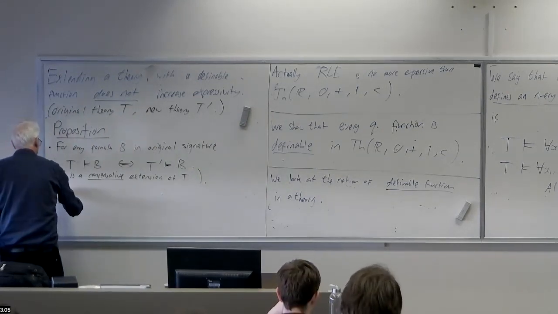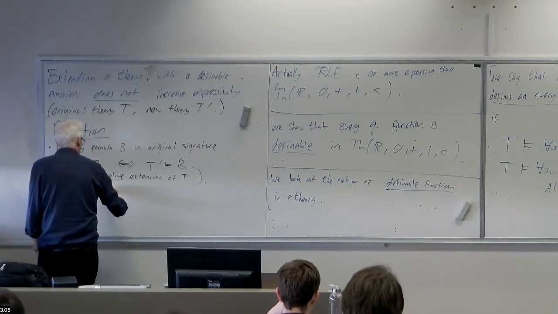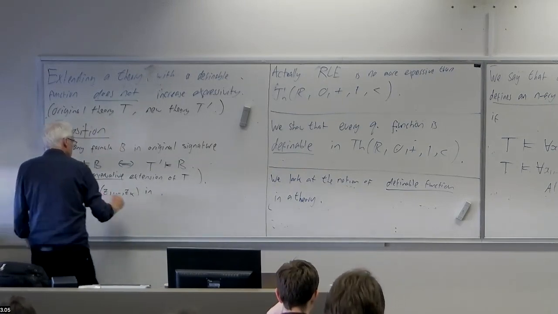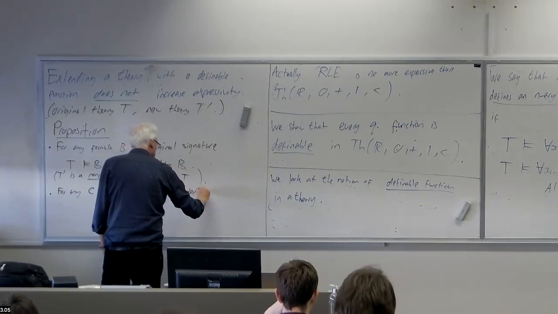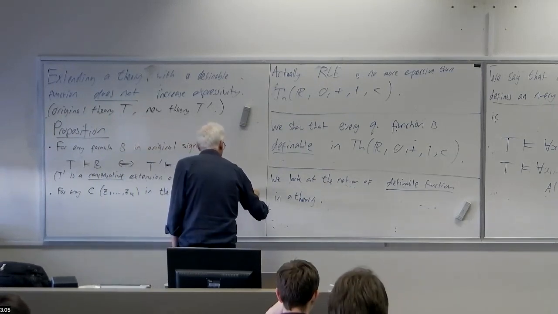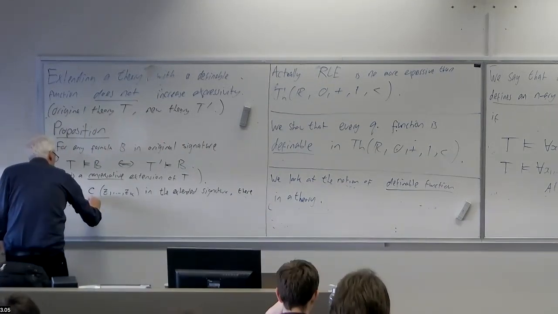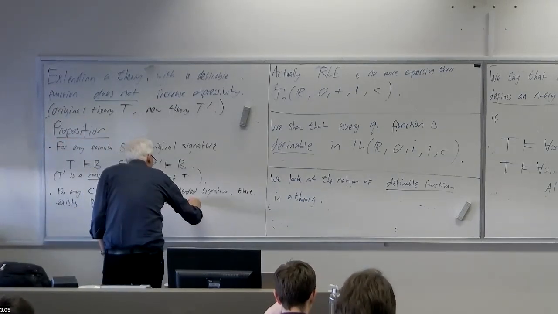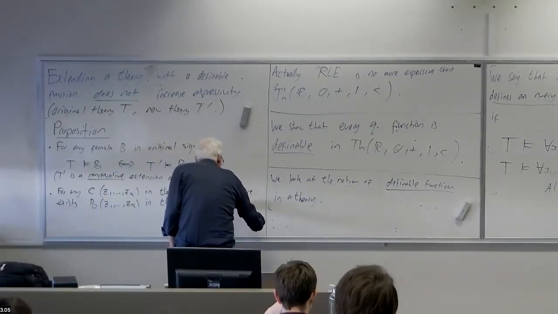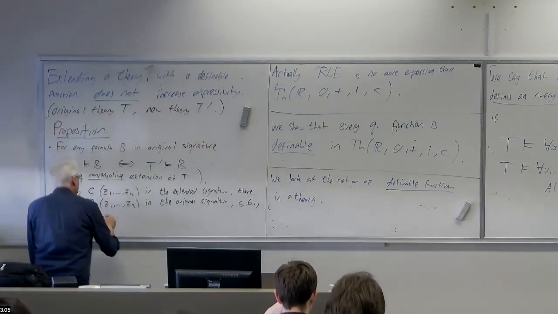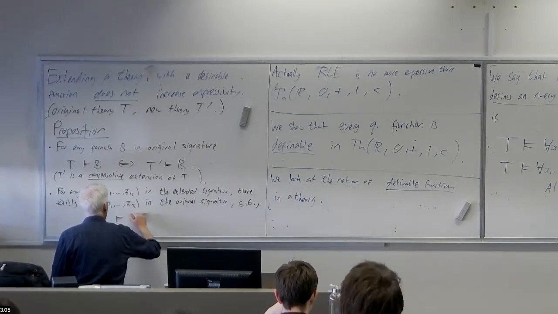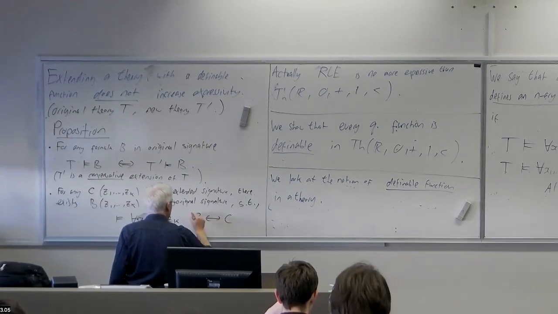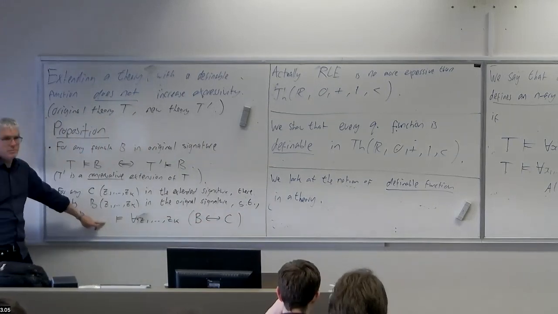So this is for any formula C in variables, let's say Z1 through to ZK, in the extended signature, there exists a corresponding formula B in the original signature with the same variables such that T prime proves, for all Z1 through to ZK, B holds if and only if C. So which theory do I need to put here?